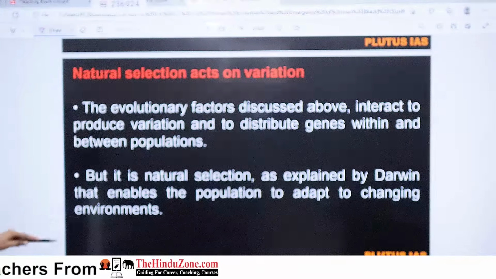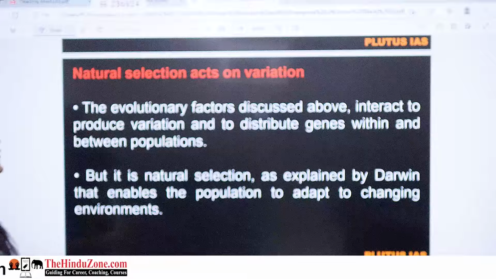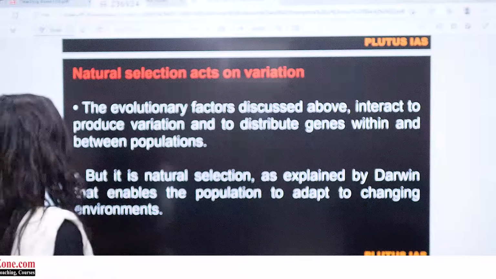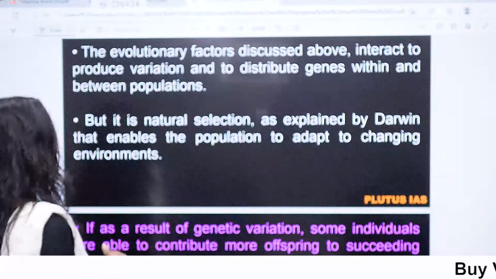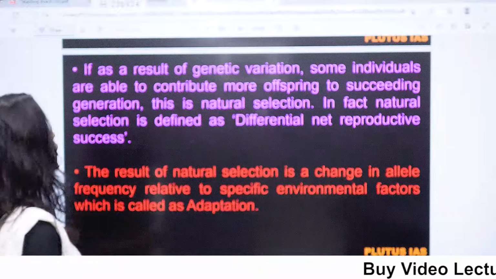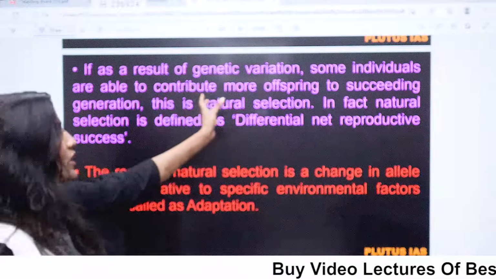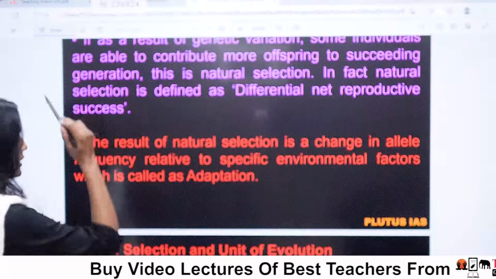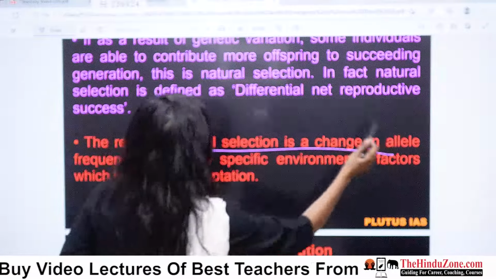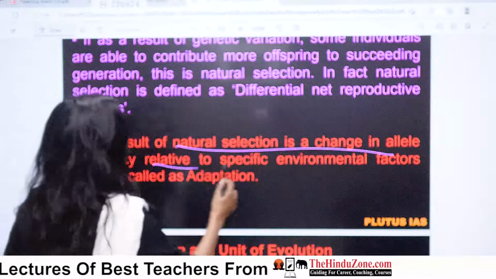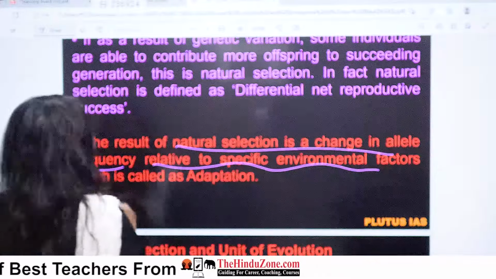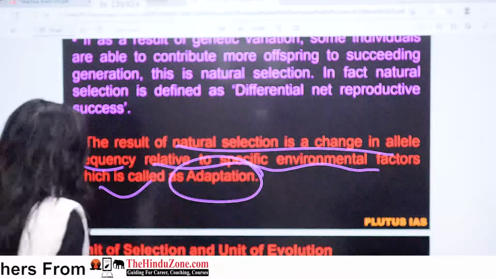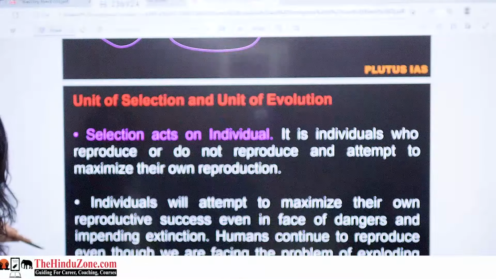Then natural selection. Among the evolutionary factors discussed above, natural selection is a result of genetic variation. Natural selection is a change in allele frequency relative to specific environmental factors, which is called adaptation.